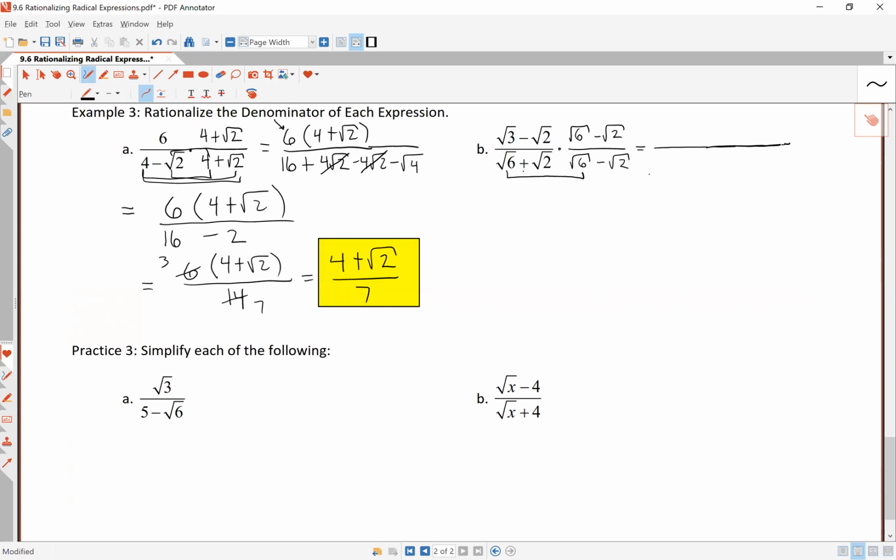Square root of 6 times square root of 6 is the square root of 36. Square root of 6 times square root of 2 is square root of 12. Square root of 2 times square root of 6 is square root of 12. And square root of 2 times square root of 2 is minus the square root of 4. Because we multiplied by the conjugate, that's going to cancel the middle two terms, and we'll have 6 minus 2.